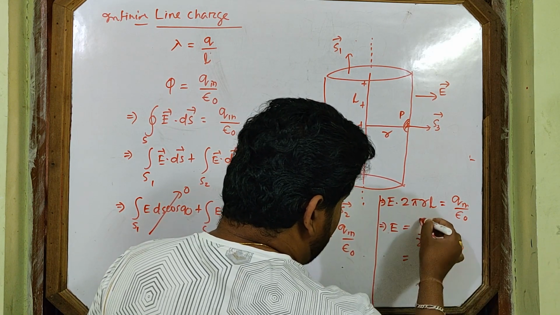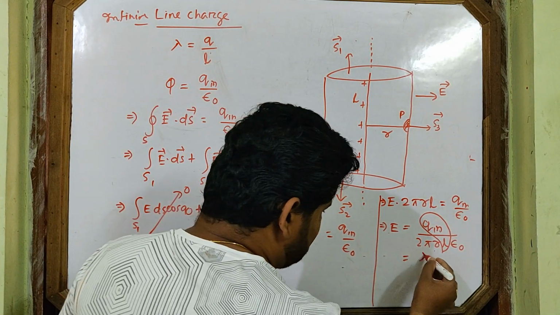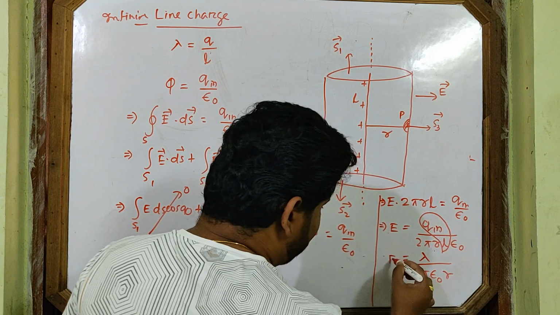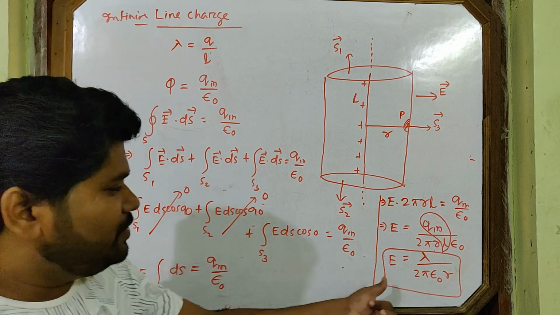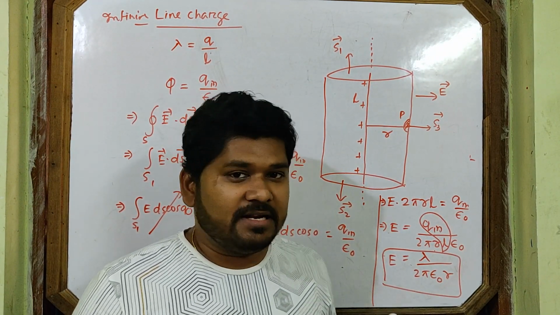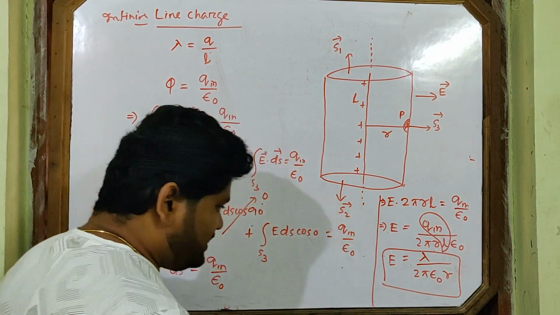What is Q in by L? I had told you just before, this is lambda. So E is lambda by 2 pi epsilon naught R. This is the electric field formula due to infinite line charge at a distance R. Is it clear? Now I think you understand.